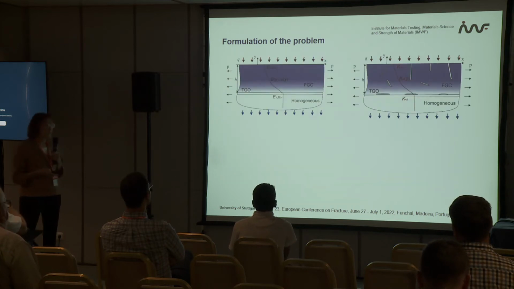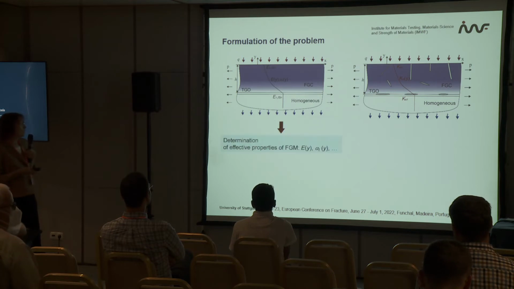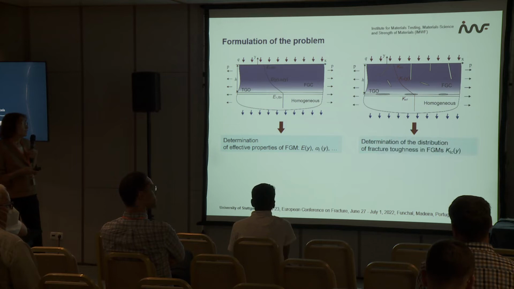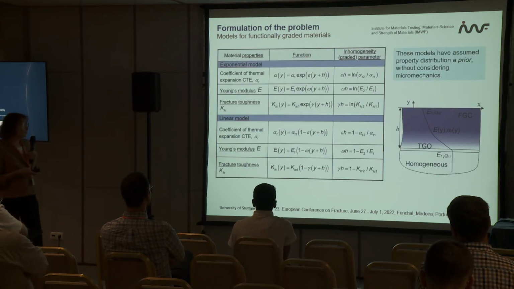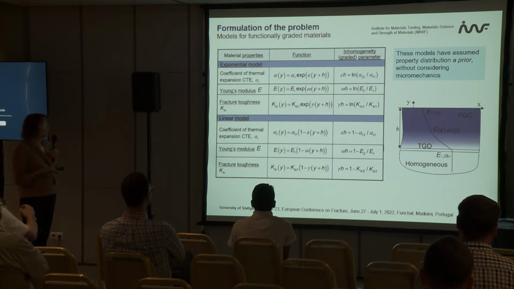So in our formulation, we have to know effective properties of the FGM, and the fracture toughness of the FGM, which also varies continuously through the width of the coating. So we need models for this too. Very often used models are, for example, the exponential function model, linear or others.